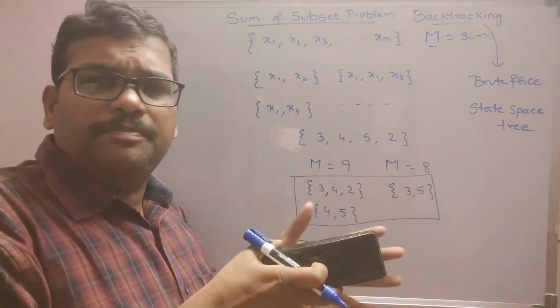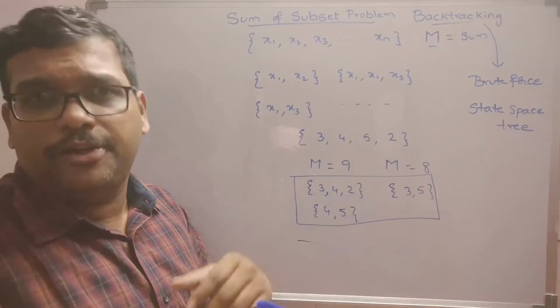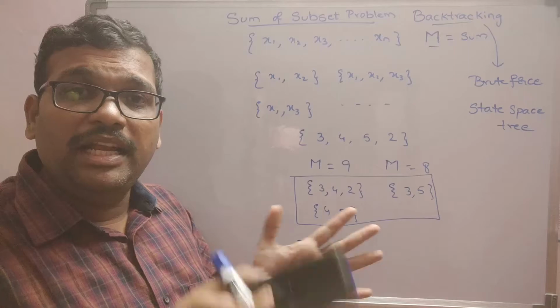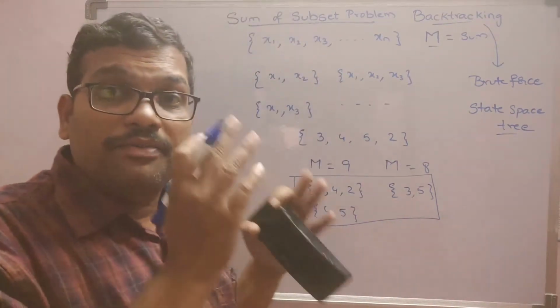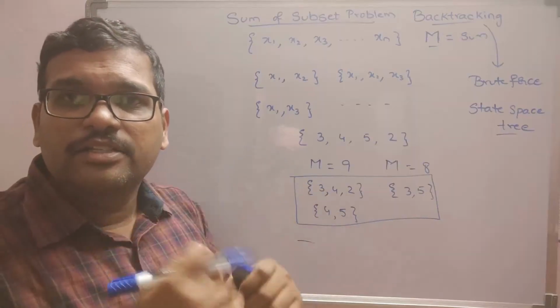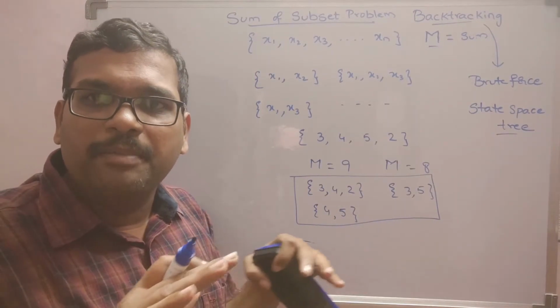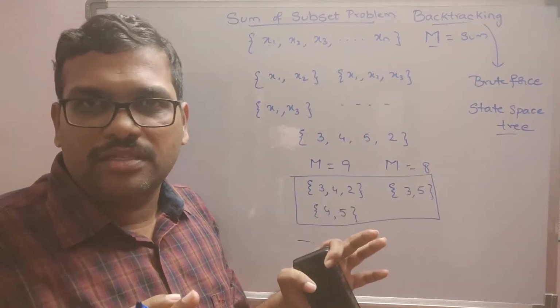In this state space tree we will get all the combinations. Some paths may lead to the solution, some paths may not. All the possible paths, those which lead to solutions and those which do not, will be there in this state space tree. From there we will get the solutions. Here we are not finding the optimal solution, because an optimal solution is only one, the best solution. We are finding all the feasible solutions.